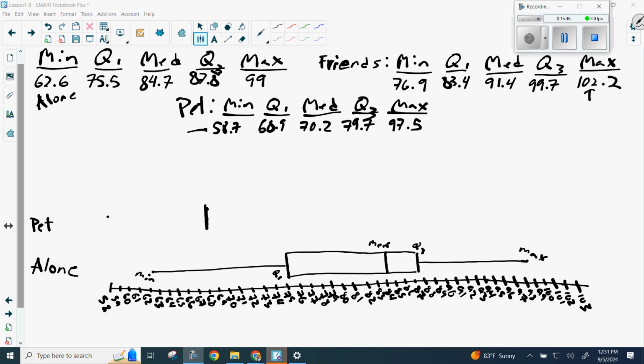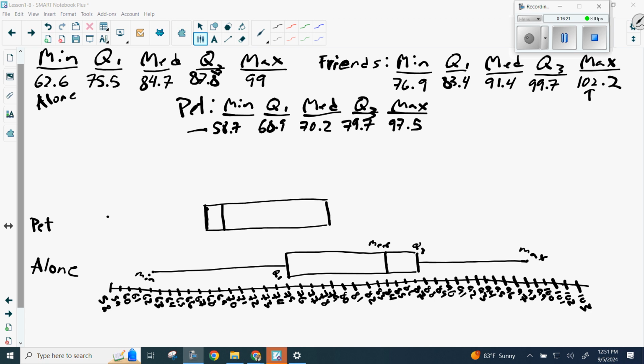Our median is 70.2 for pets. Quartile 3 is 79.7, right there. And our maximum was 97.5. But I'm going to connect these real quick.